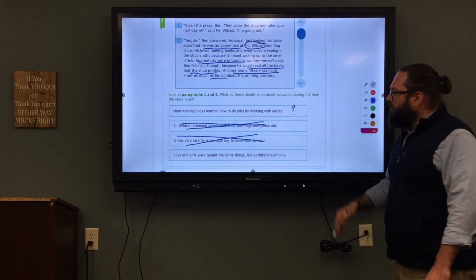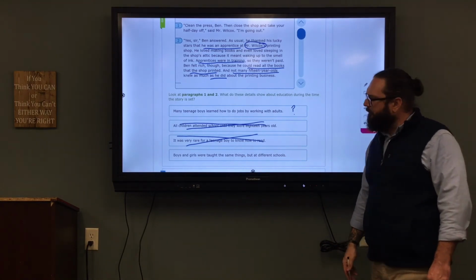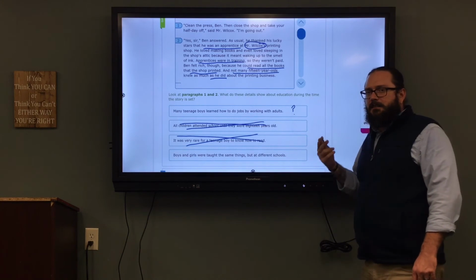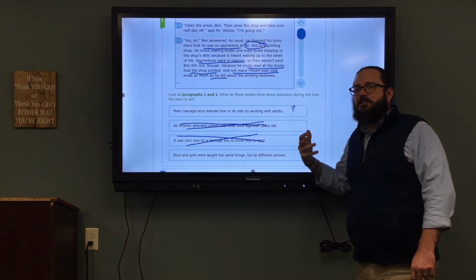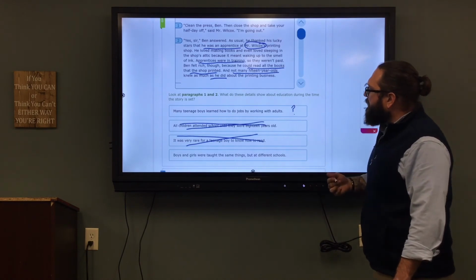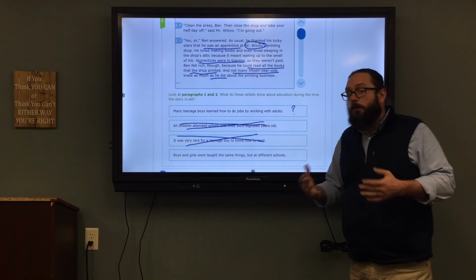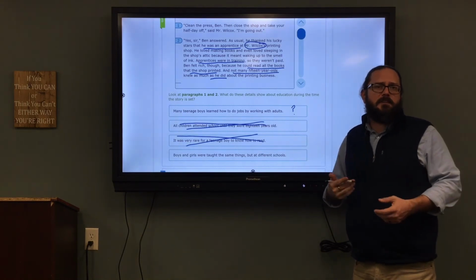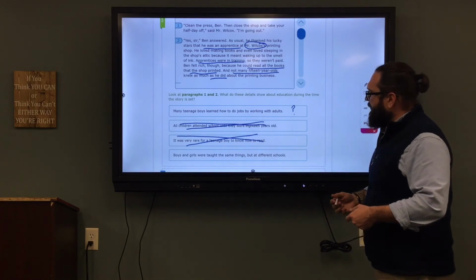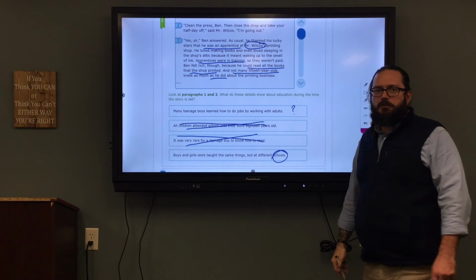And finally, boys and girls were taught the same things, but at different schools. Once again, we've already established the fact that they're not necessarily attending a school, but it is possible that boys or even girls could serve as an apprentice somewhere and learn different things. But they use the word school.